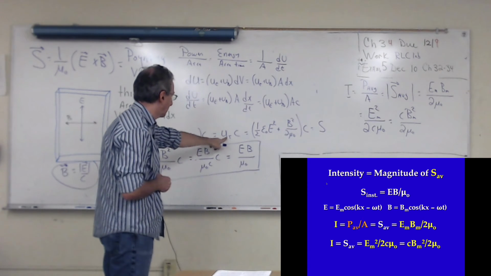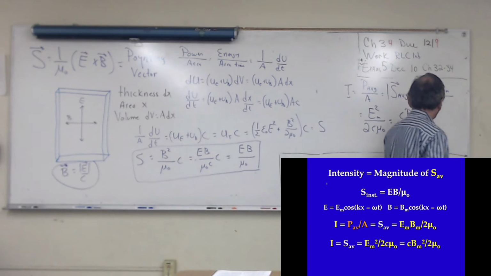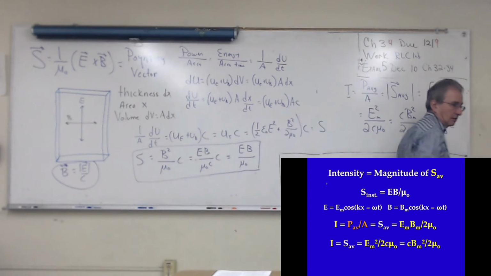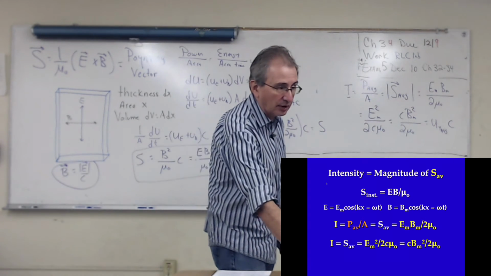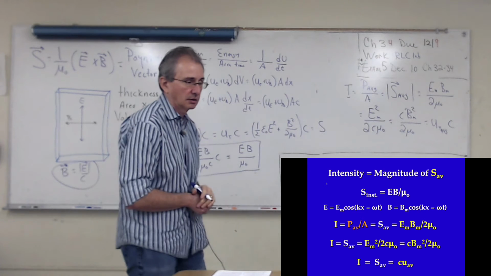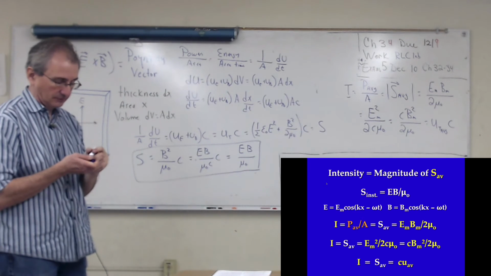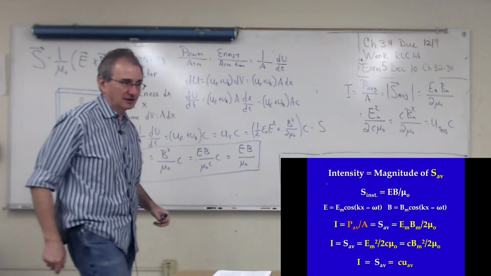We can also write it as U total average times c. So the intensity could be written in many different ways. Generally, in the homework, you're just plugging numbers into an equation.